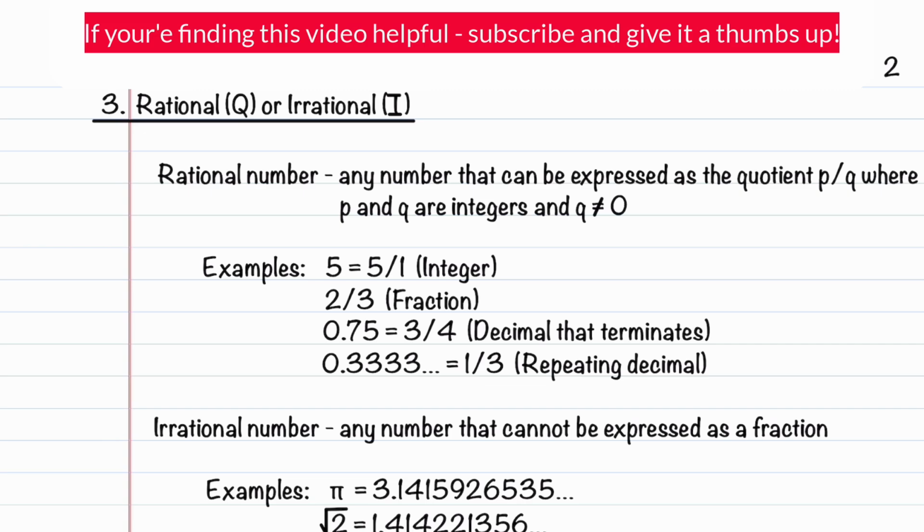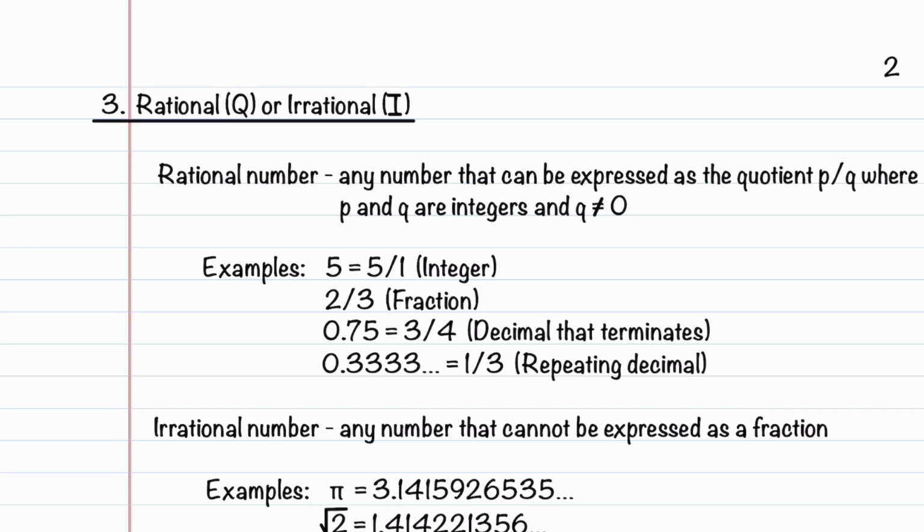Now that we've distinguished between real and complex numbers, let's focus on the different types of real numbers. A real number is either a rational number or an irrational number. A rational number is any number that can be expressed as the quotient p divided by q, where p and q are integers and q is not equal to 0.